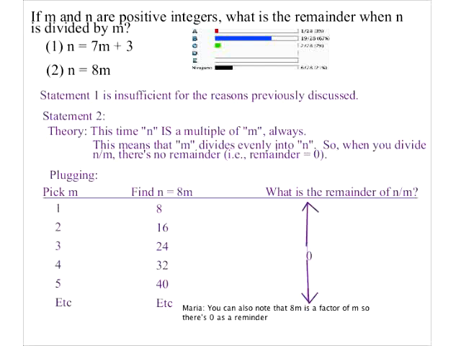This is supposed to say multiple here. Otherwise, you have the right idea. It should say multiple, not factor. But the idea is right.